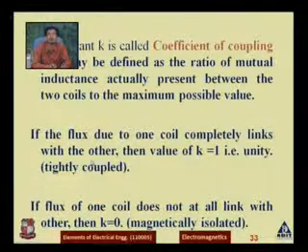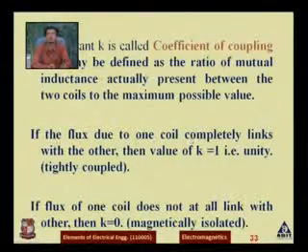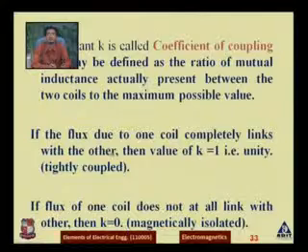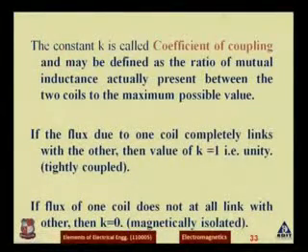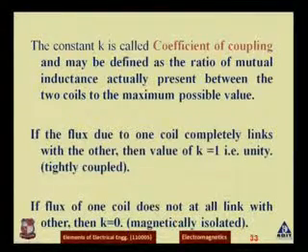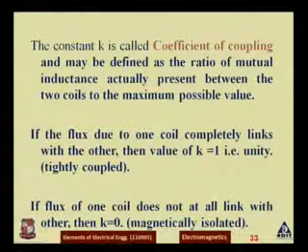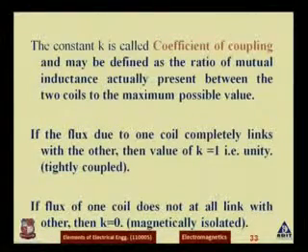So if the flux due to one coil is completely linked with the other, then the value of K will be 1, that is, unity. In that case we can say that the two coils are tightly coupled, right? But if the flux of one coil does not at all link with the other, then the value of K will be 0. So we can say that they are magnetically isolated.